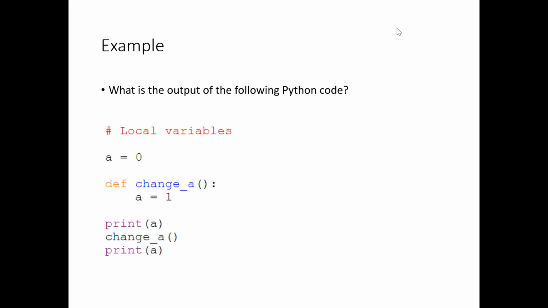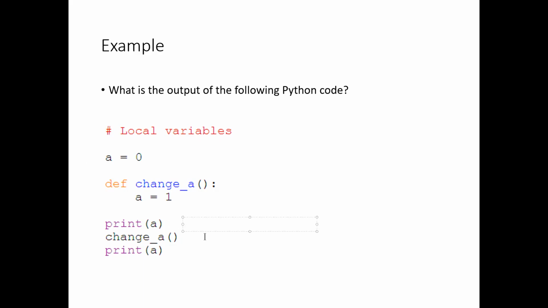Okay, so let me quickly tell you the answer. Many of you, except Ms. Ratnapala, said it's 0 and 1. Yes, that's what you expect, isn't it, just by looking at the code. You might think, when you say print A, the value is initially 0, so you expect 0 here.